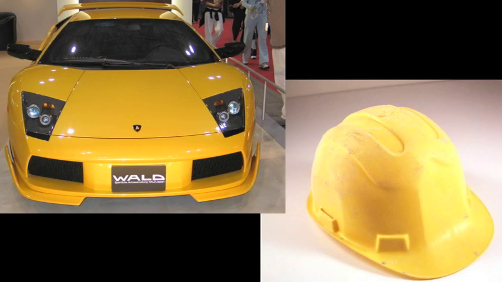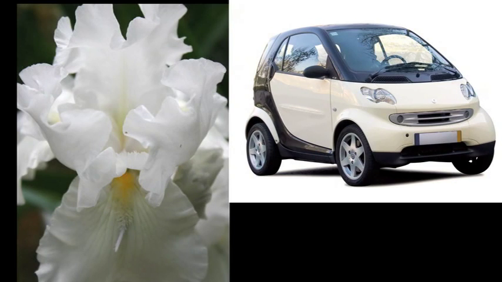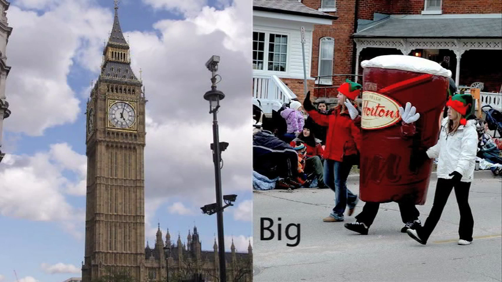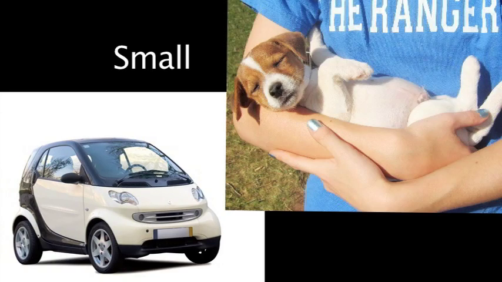The car is yellow and the hat is yellow. The flower is white and the car is white. The clock is big and the cup is big. The car is small and the dog is small.